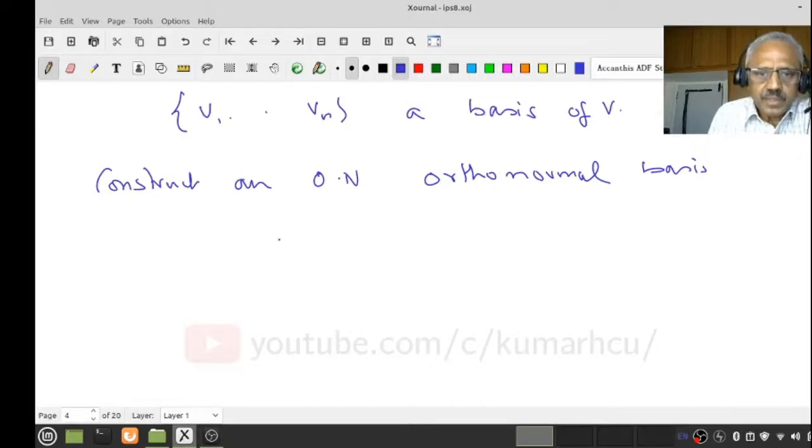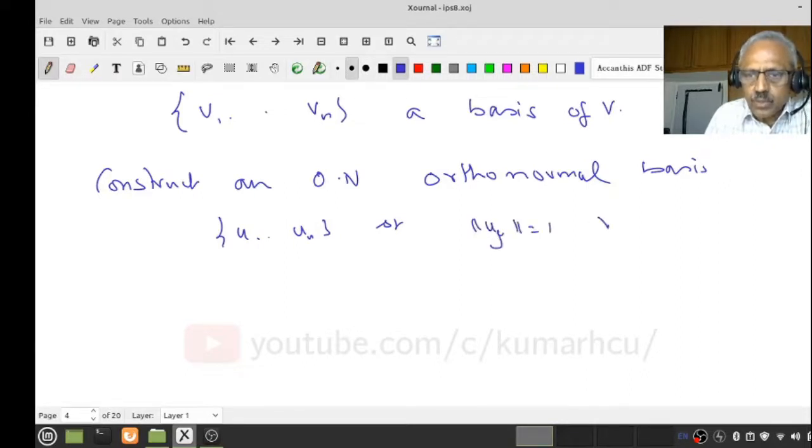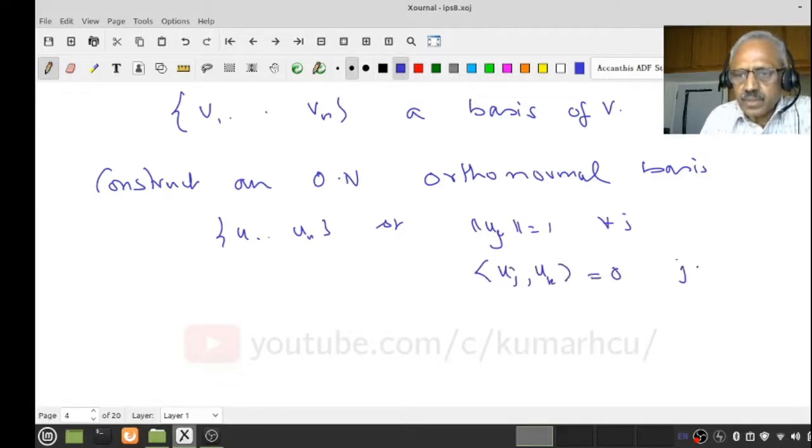What does it mean? I want to construct a basis U1 to Un so that the norm of Uj is 1 for all j, and the inner product of Uj with Uk is 0 for j not equal to k.